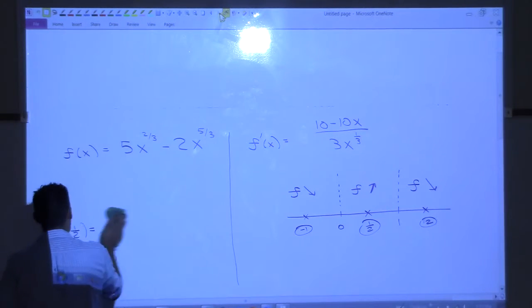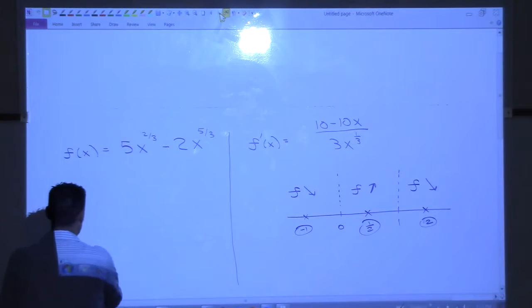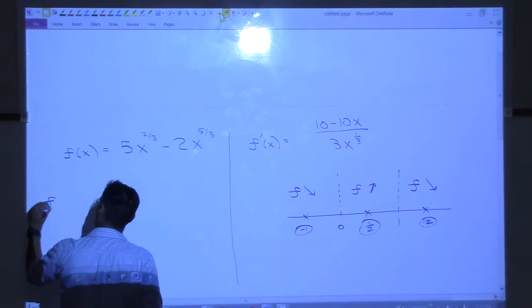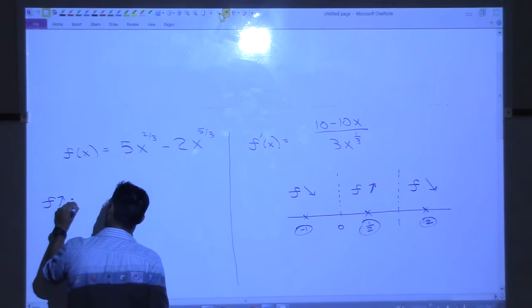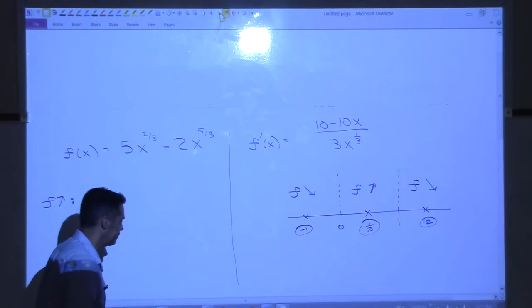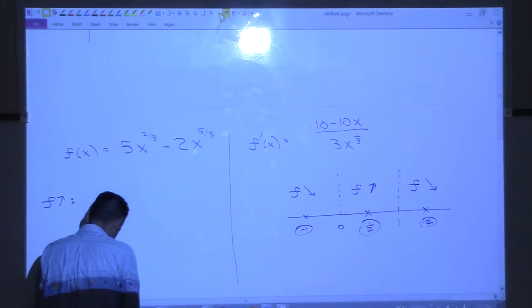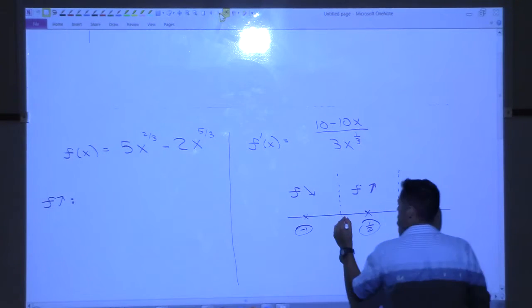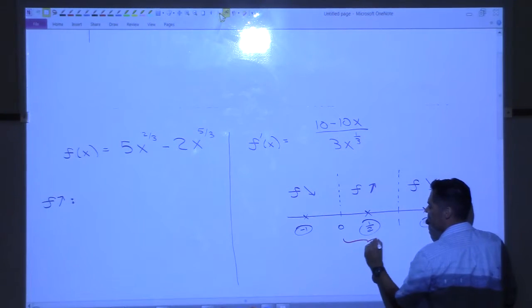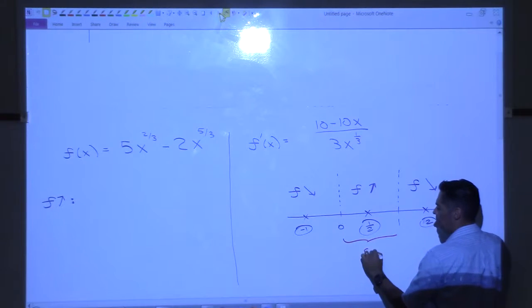Let's first talk about where this function is increasing. F is increasing where? Only between 0 and 1, right? So right in between here and here, this is where our function is going up.